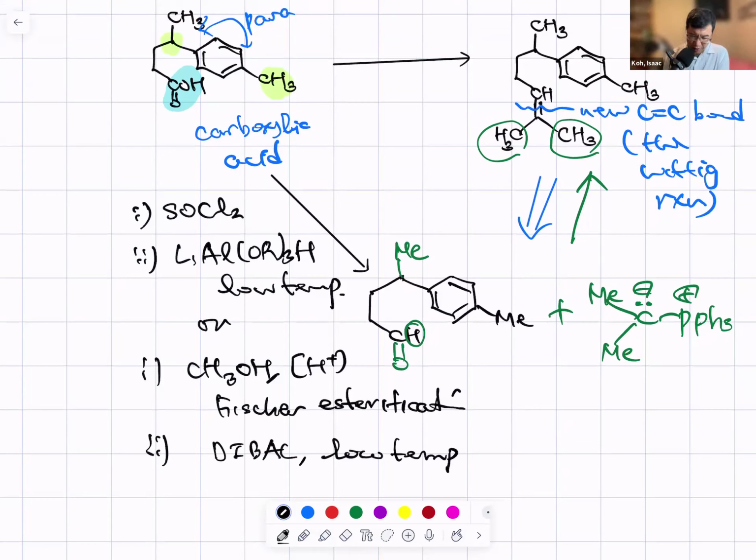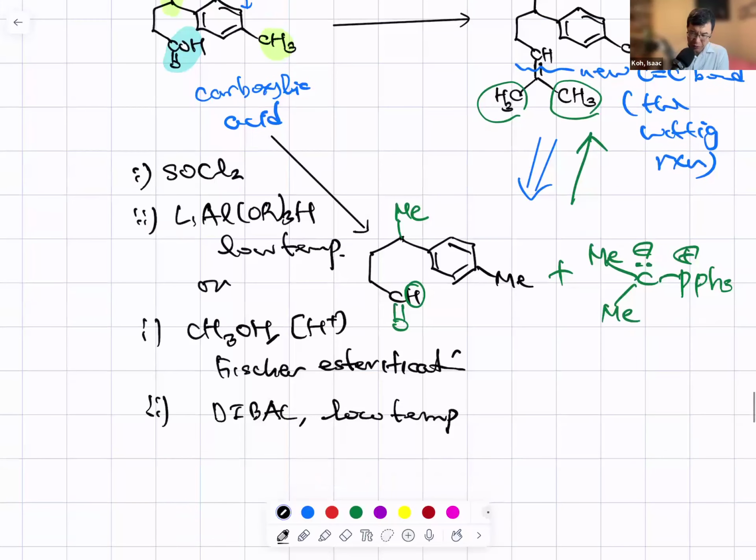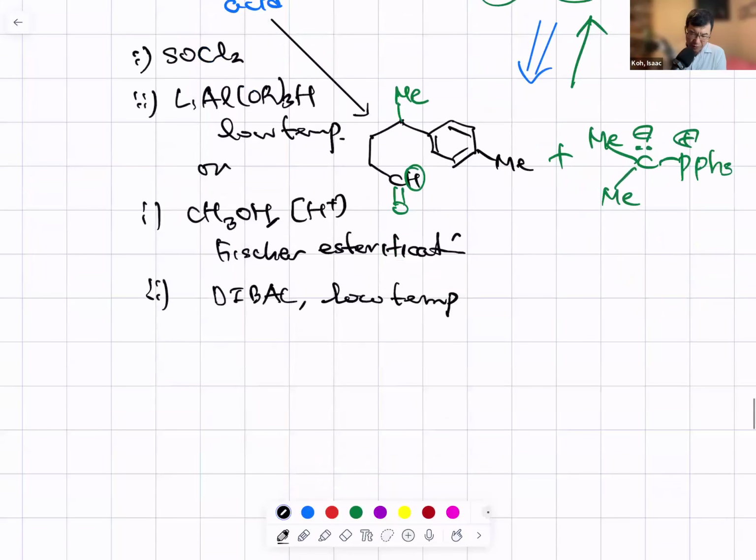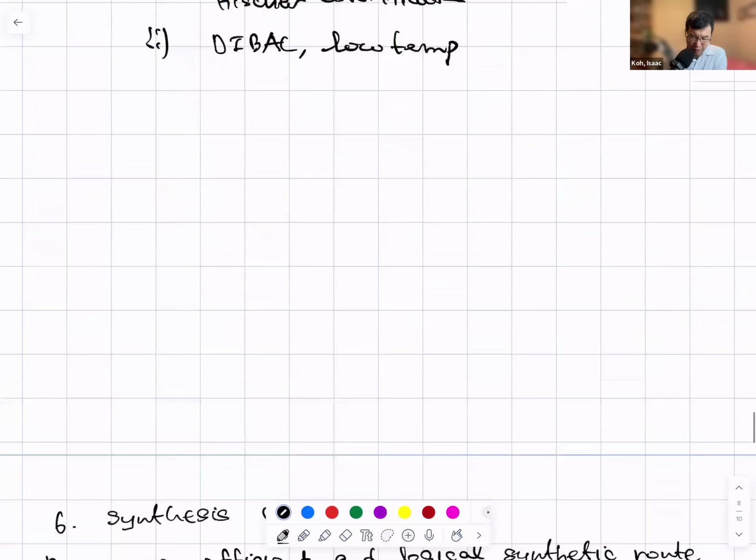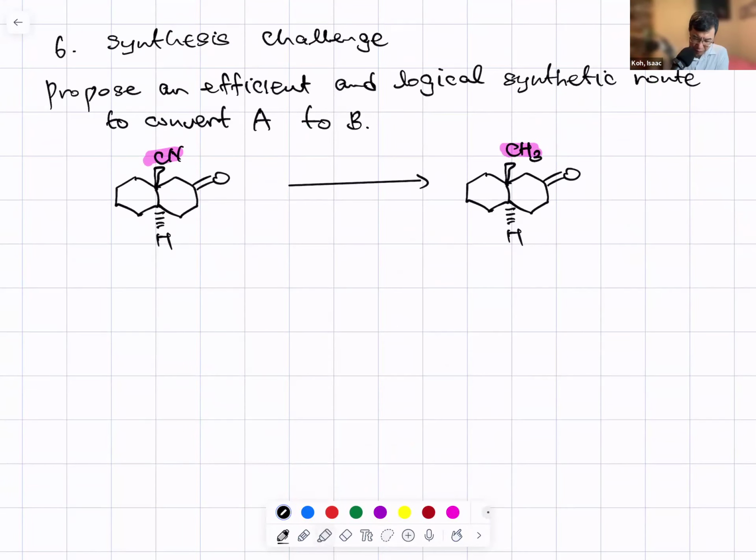Okay, let's see. Synthesis challenge. Propose an efficient and logical synthetic route to convert A to B. Here we have two functional groups: a ketone and a nitrile.